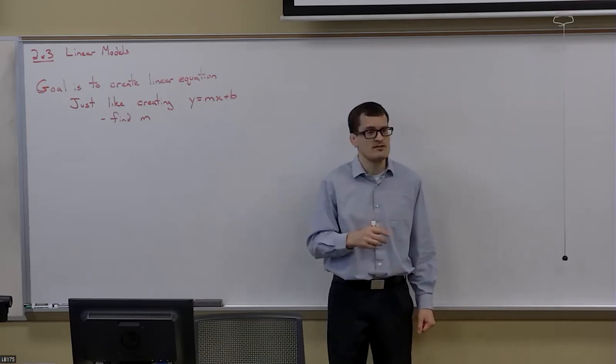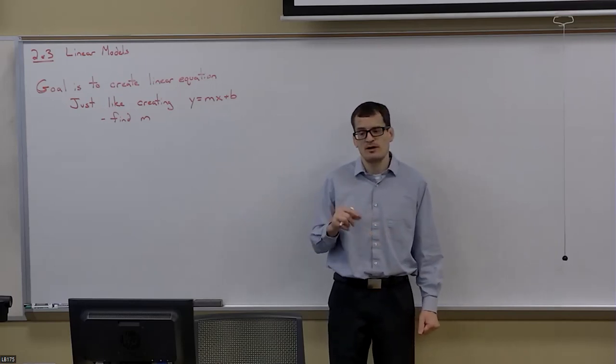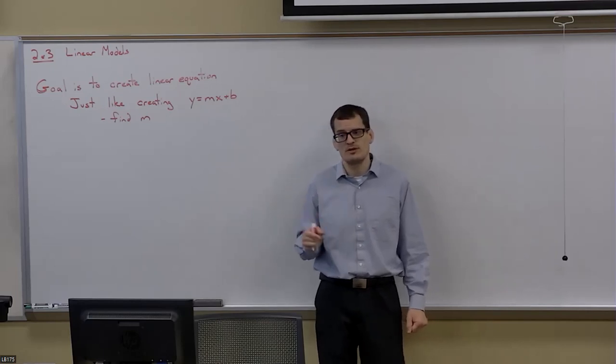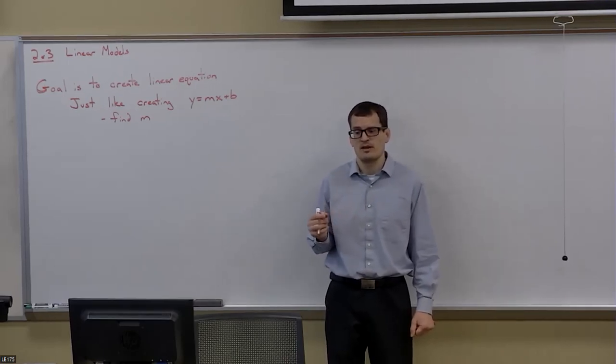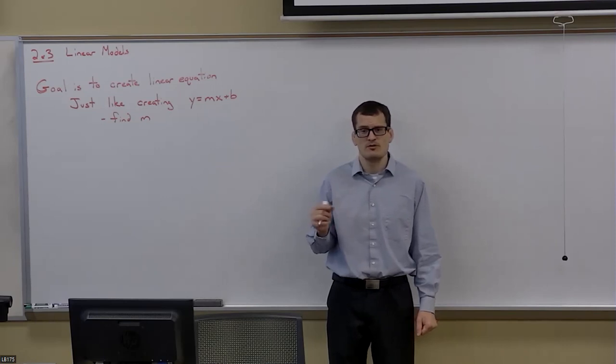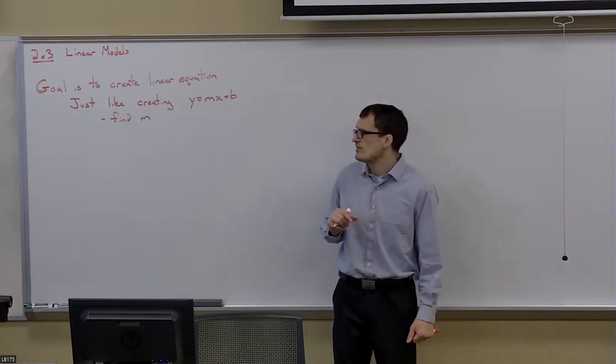Another way we can find slope is if we know a line is parallel, they have the same slope. Another way is if the line is perpendicular, the slope is a negative reciprocal. Everyone remember those things? So, same kind of thing.